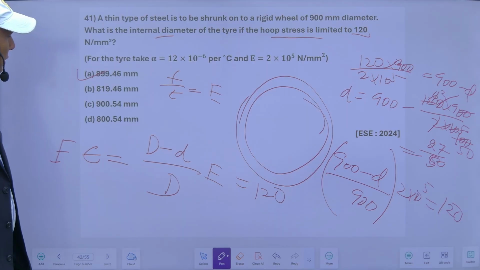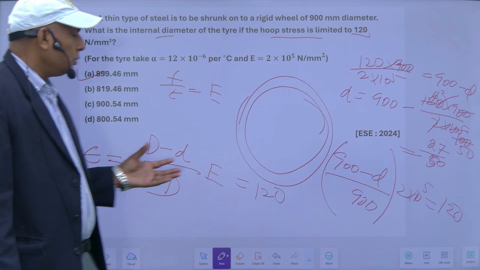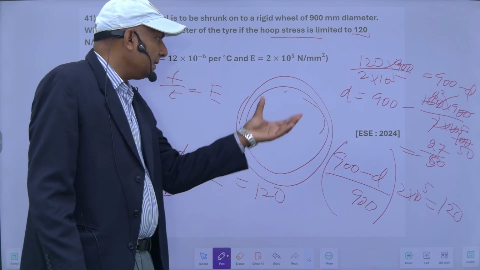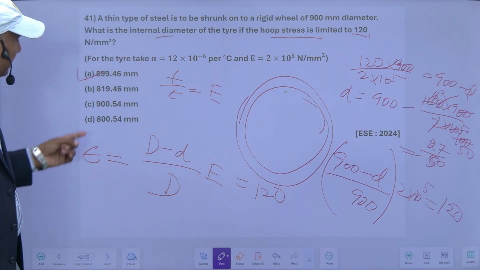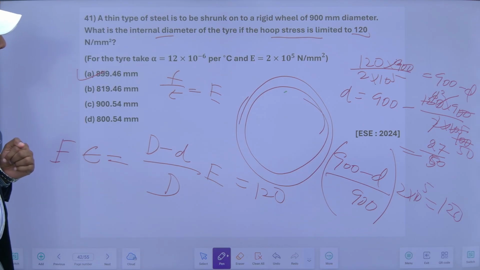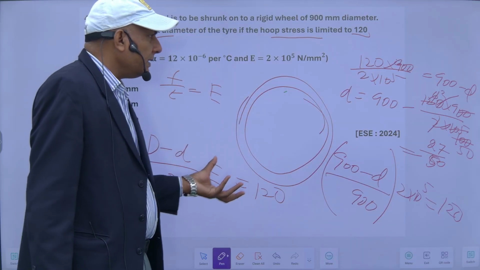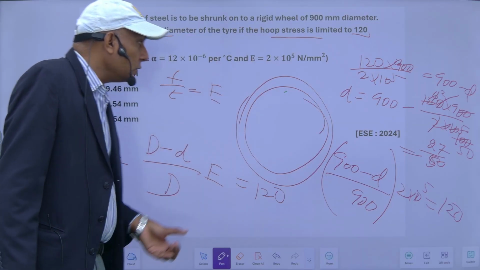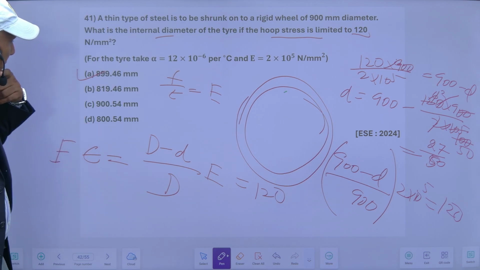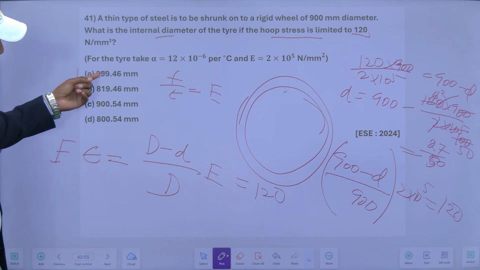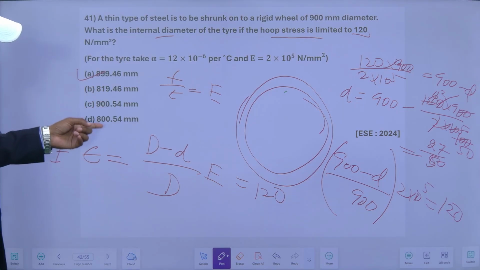And moreover, logically its value will be less than this 900, number 1. It cannot be more than 900. Number 2, overall there will not be much difference, so its value will be close to this 900. Close to 900 means this one. Here the difference is more, and this is not possible.